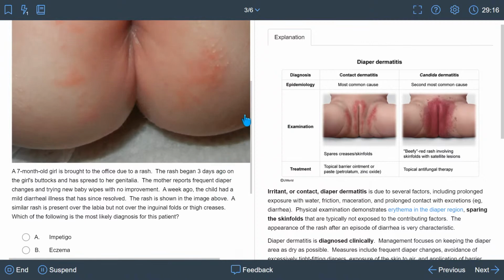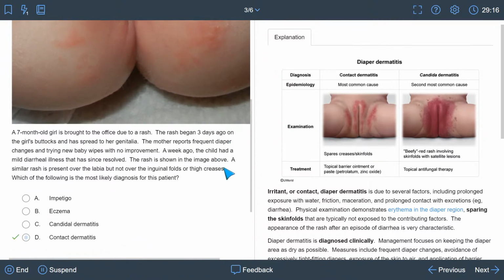So for this question, let's go through a breakdown of what they are looking at in the stem that will lead to this question. So the rash began 3 days ago on her buttocks and has spread to her genitalia. The mother reports frequent diaper changes, most likely due to the mild diarrheal illness, and trying new baby wipes with no improvement. And then a similar rash is present over the labia, but not over the inguinal folds or the thigh creases.